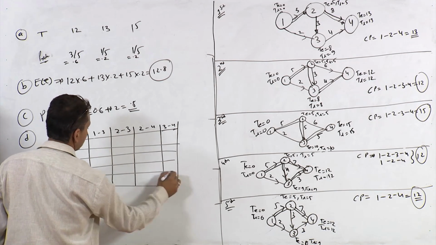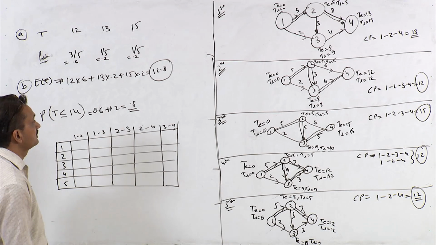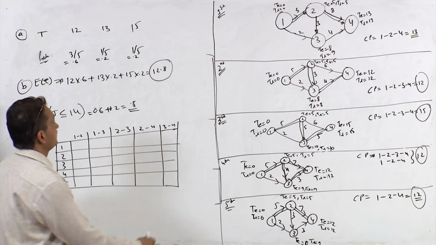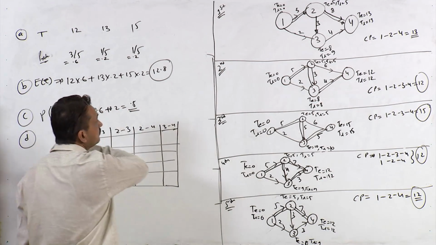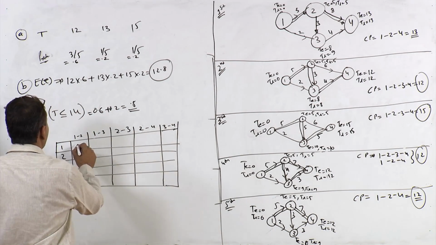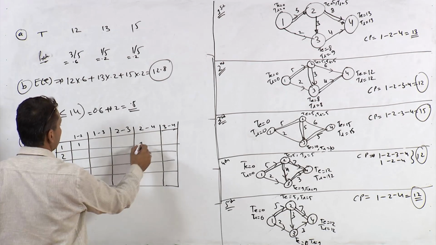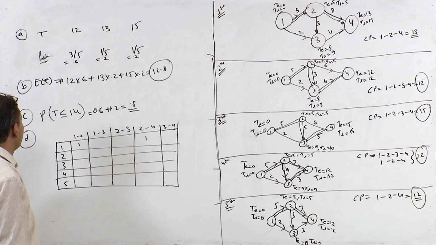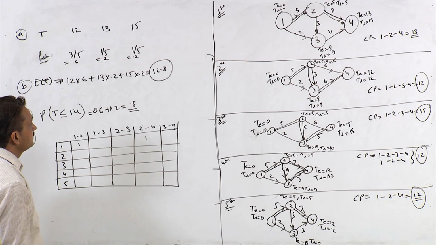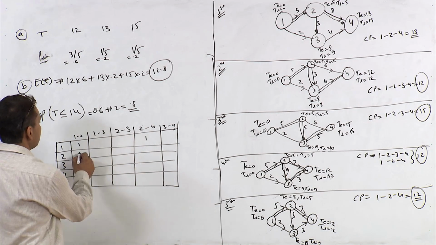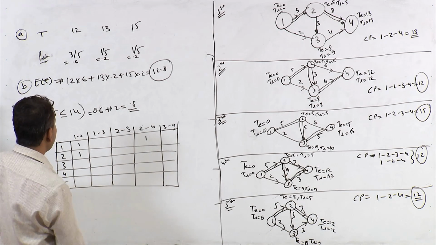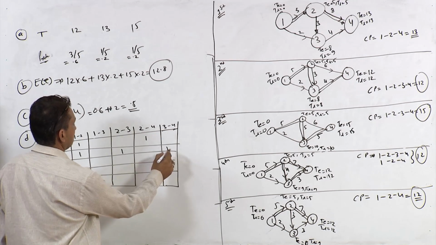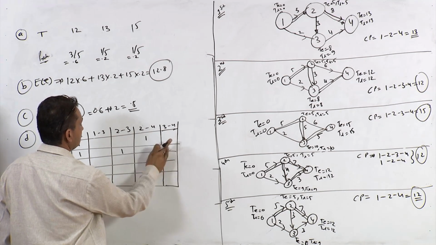Now, let us find out which activities were critical in the first run. In the first run, 1 2 and 2 4 were critical. In the second run, 1 2 was critical, then 2 3 and 3 4. This was also critical.